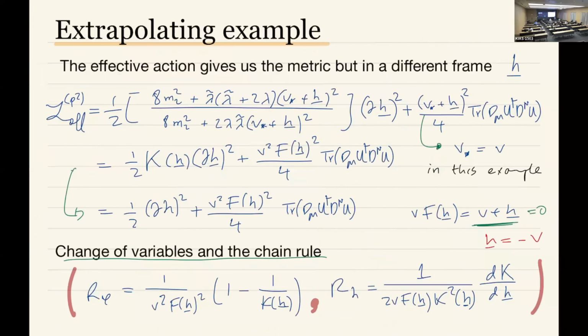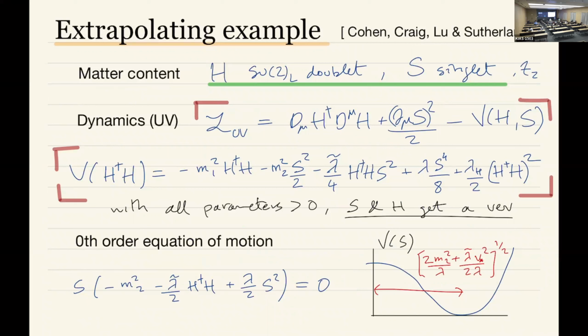So your UV completion, we can think of it as kind of embedding your theory in a higher-dimensional field space. Is that correct? Yes, that is true. And also, if I remember correctly, the curvature of the field space is related to the cutoff scale of the EFT. Yes.